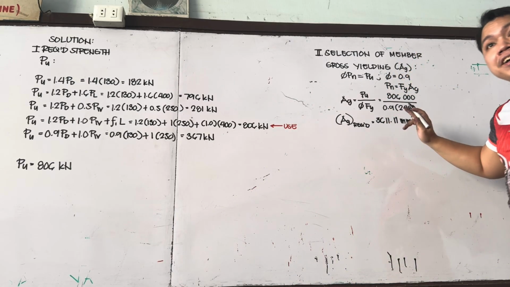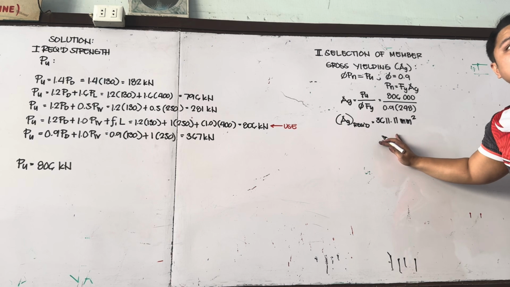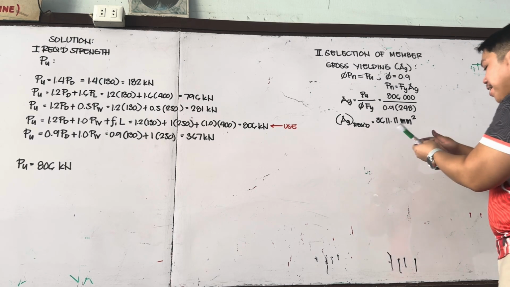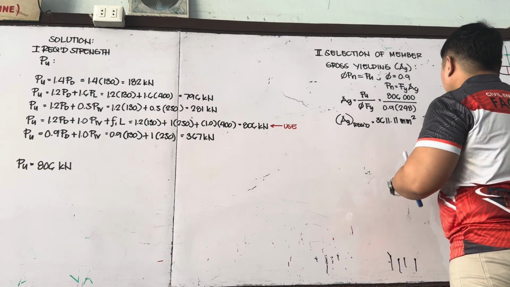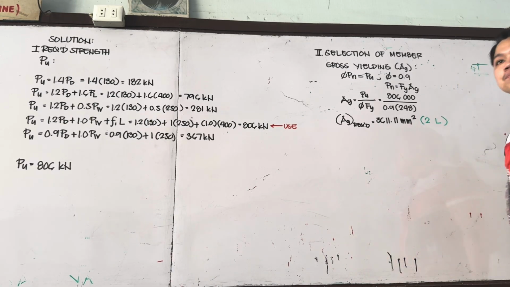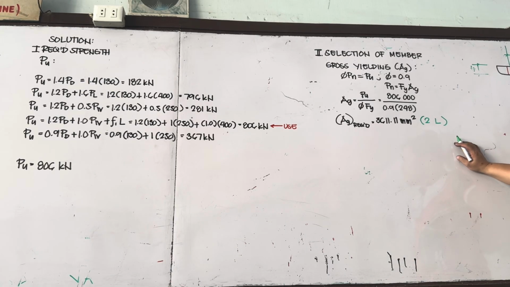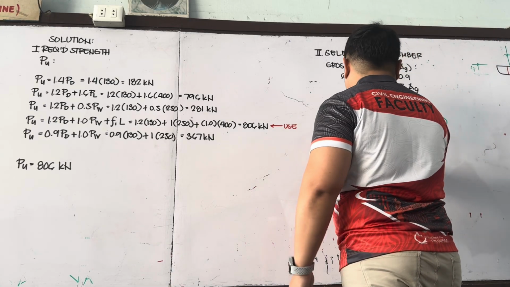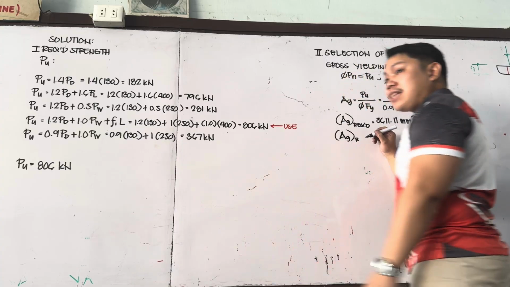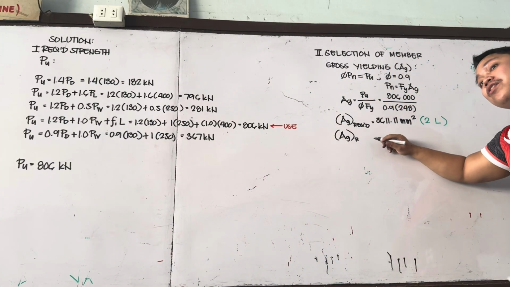Ini siya nga area. Okay, di ba gina-design natin is double angle. Okay, meaning, ini siya ng area is good for duwa ka angle. So, pilang aton nga AG required for a single angle. Approximate. Kasi siyempre, sa aton ng continental steel, wala ba na double angle, di ba?